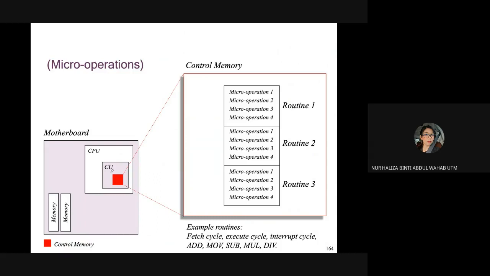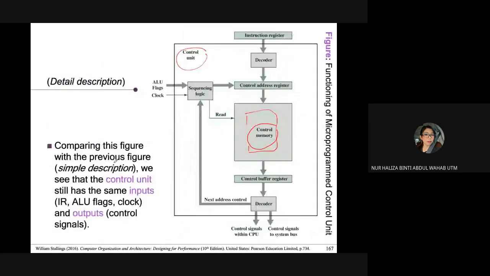But outside of it, what has a connection is your control unit. You can see you have a connection to your control buffer, to your control address, and so on. Later on, we will see. You're going to go deeper and deeper.